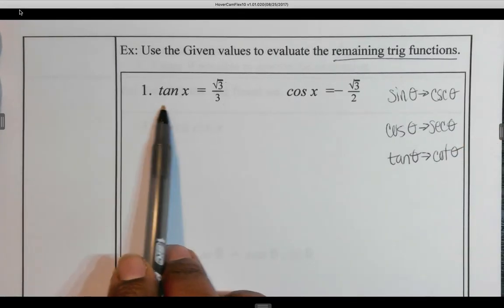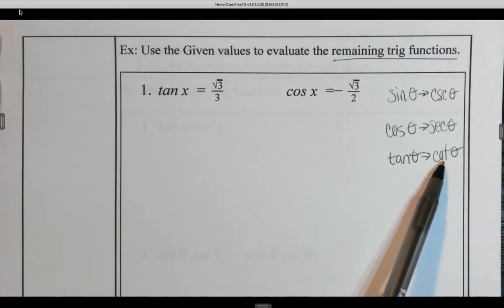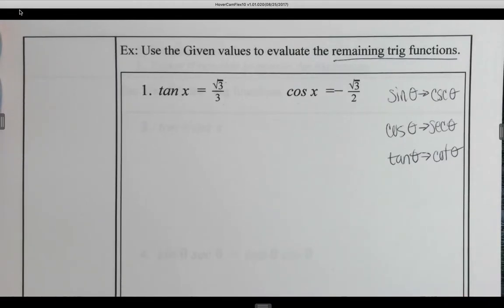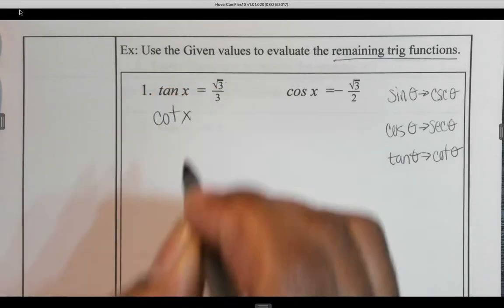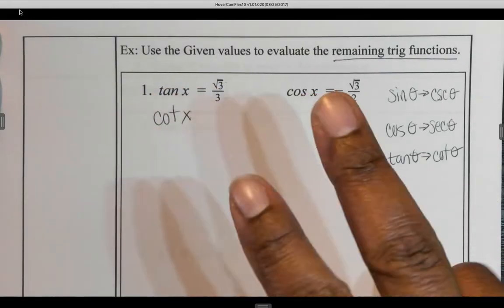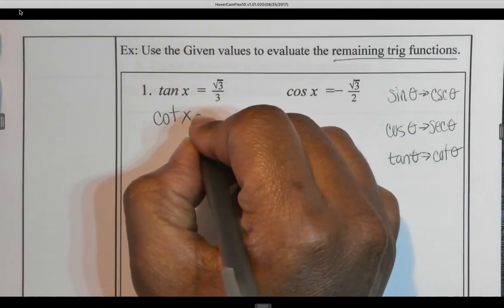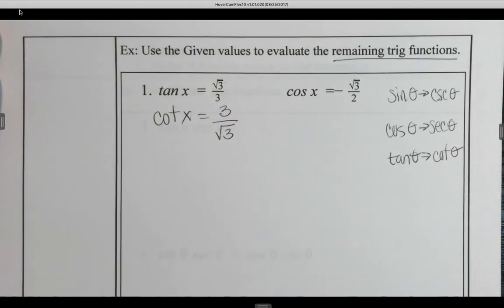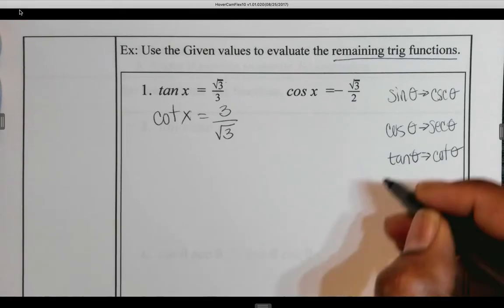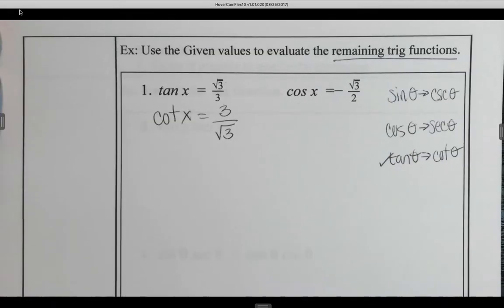So in this case, I know tangent, which means I also can figure out what cotangent is because cotangent is just the reciprocal. So I have tangent of x. Cotangent of x is just going to be the reciprocal. That's all I'm going to do is flip the fraction. Numerator and denominator switch places. Right, so I had tan, and now I also have cotan.